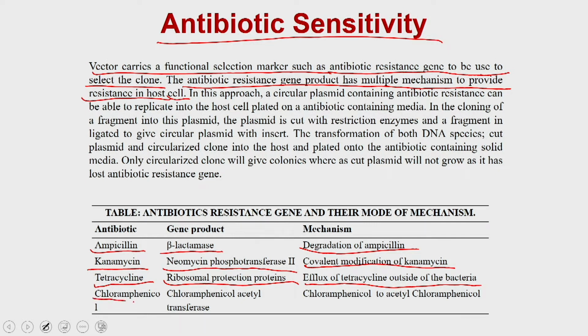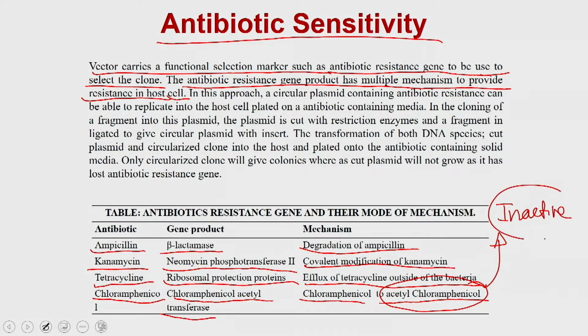Similarly, you have the chloramphenicol. The chloramphenicol resistance gene is going to produce a protein called chloramphenicol acetyl transferase, which converts the chloramphenicol to acetyl chloramphenicol, and acetyl chloramphenicol is inactive compared to the chloramphenicol, and that is how it confers the resistance to that particular bacteria.